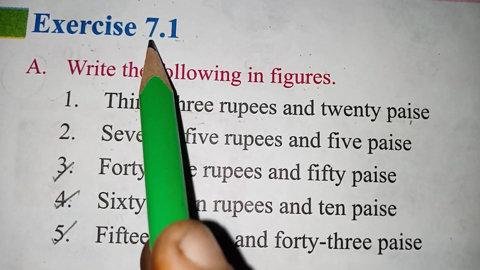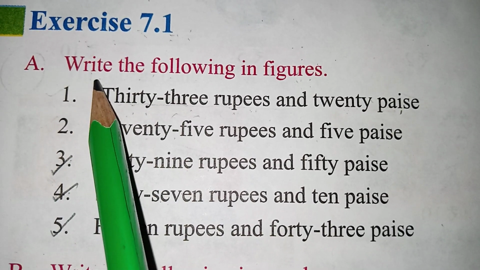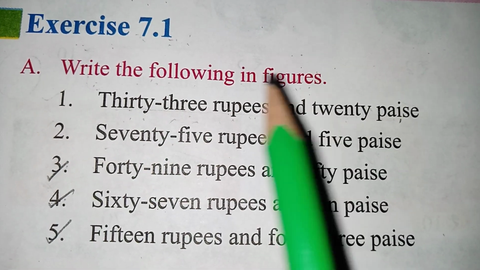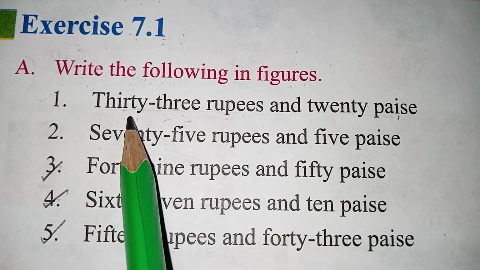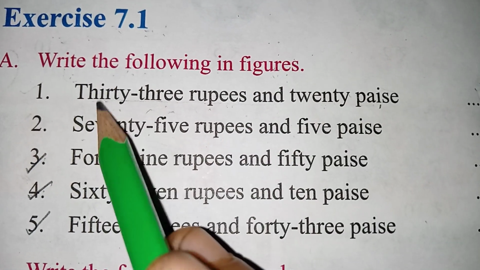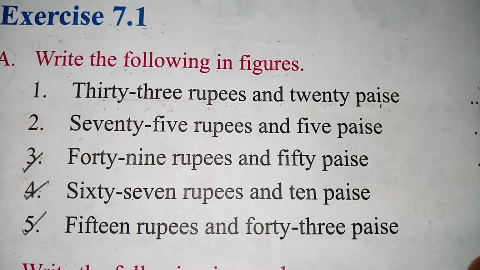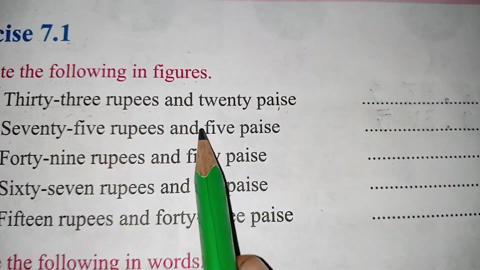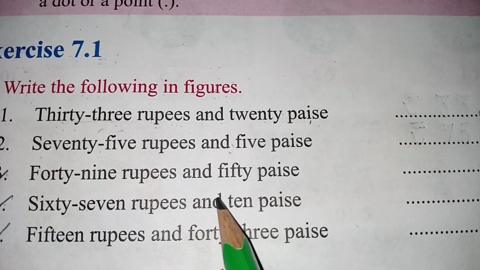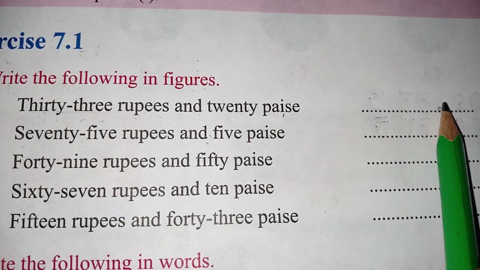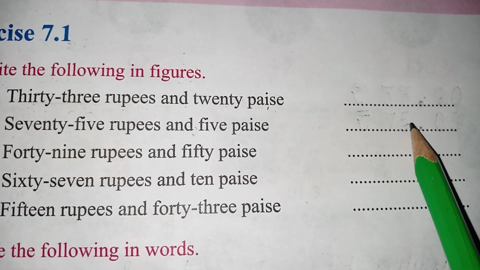Next, exercise 7.1. Question A is write the following in figures. Question 1. 33 rupees and 20 paise. You can see that it is written in words and now we have to write in figure.